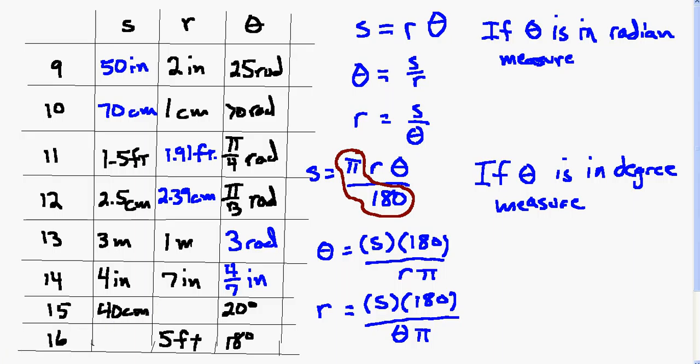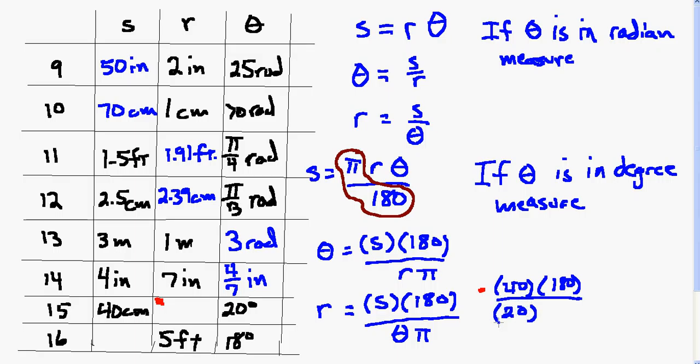Let's do this for this particular equation. It looks like right here we're looking for R, and we're given S being 40, times 180. Here we're given the degree, which is 20, and that is times pi, which is approximately 3.14.